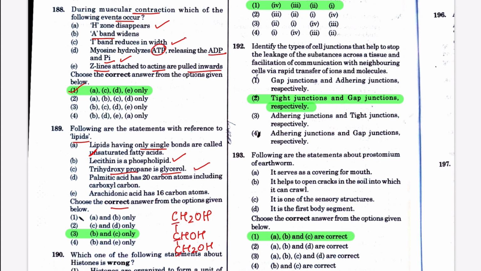So 1, 2, 3, right? So trihydroxypropane is a glycerol, right? So this is right. And palmitic acid is a 20 carbon compound. No, it is a 16 carbon compound. Whereas arachidonic acid is a 20 carbon compound, right? So these two are just interchanged. So which is correct? B and C is correct.